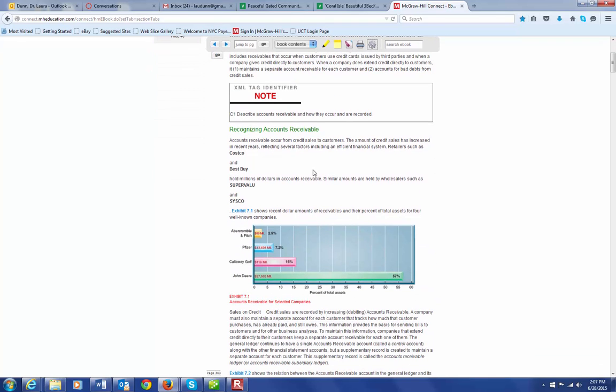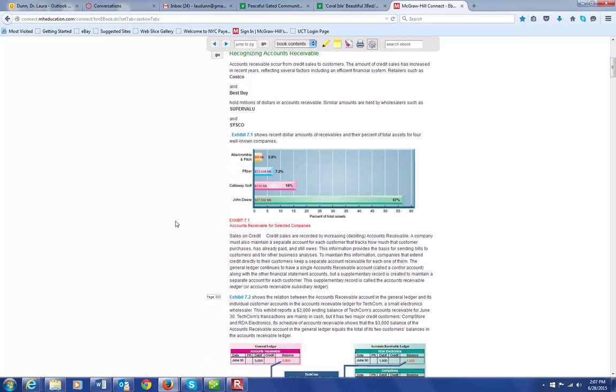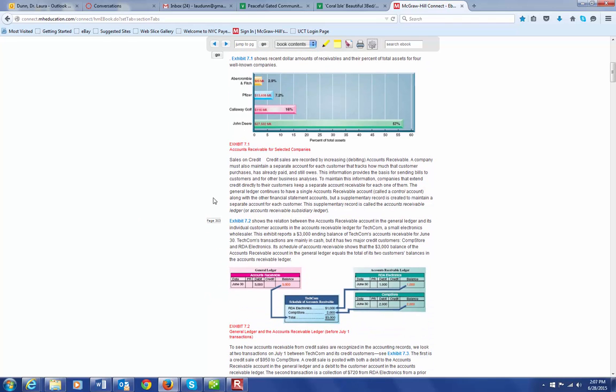So first of all, you have to recognize it, meaning you made the sale, and you have to show it in your books as being a sale on credit. So here we have sales on credit, and from an accounting perspective you make a debit to accounts receivable, increasing an asset, and then your credit is going to be to a revenue account, a sales account of some sort.